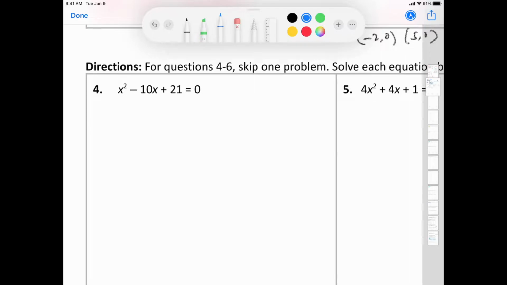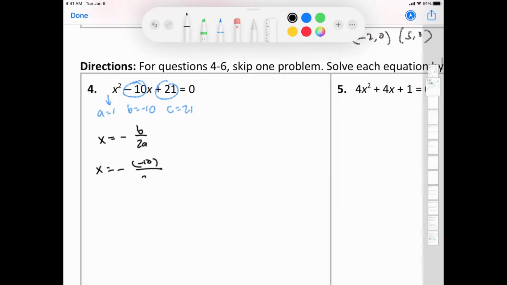Vertex, so A equals 1, B equals negative 10, and C equals 21. The next step is I'm going to find my axis of symmetry. So x equals negative b over 2a. My b value is negative 10. Let's put that in parentheses. And then 2 times my a value, which is 1.